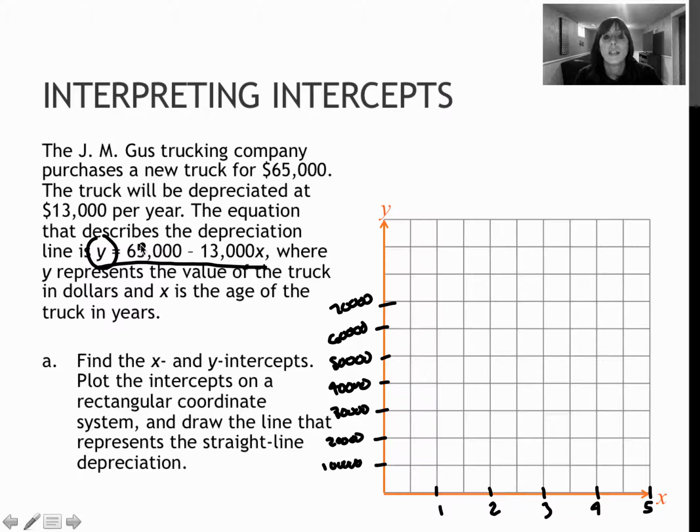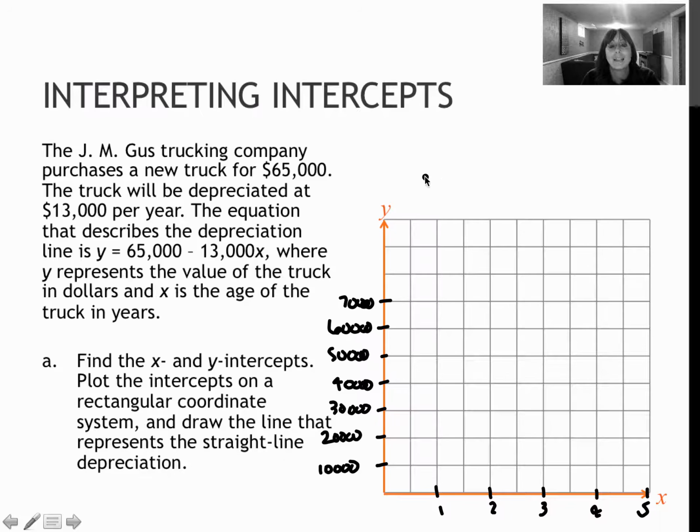So I'm going to find the two intercepts. So we talked about how to find intercepts. To find the x-intercept, we will plug a 0 in for y. So 0 equals 65,000 minus 13,000x. I'm trying to get x by itself, so I'm going to add 13,000x to each side.